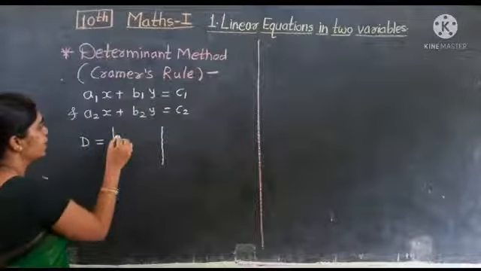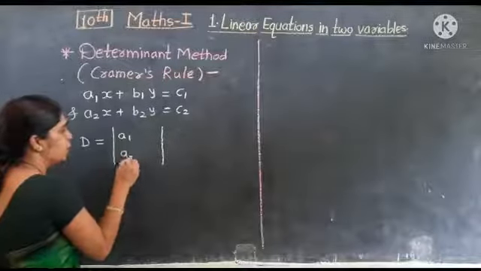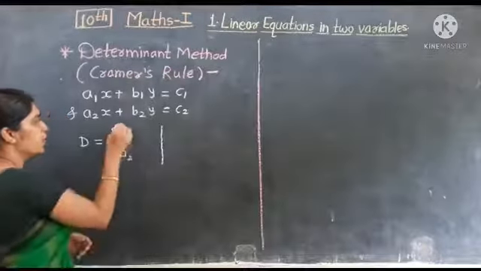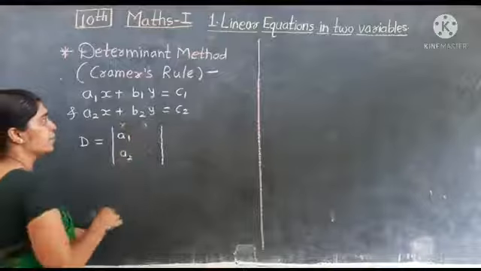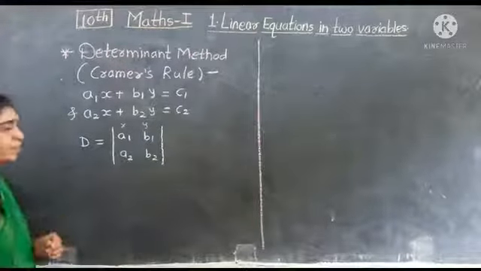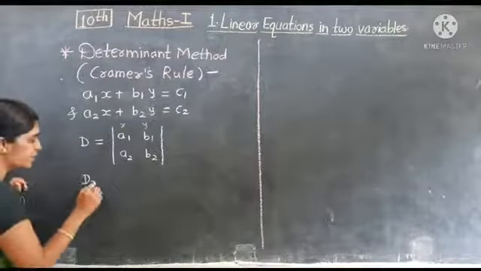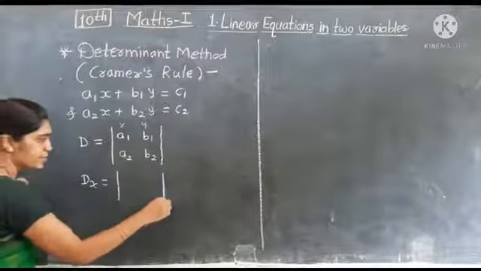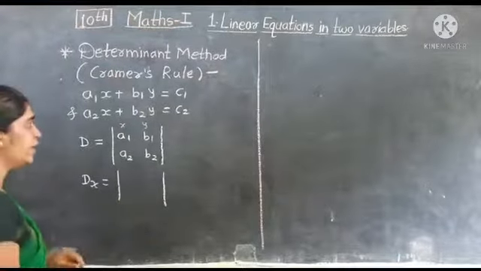The coefficient of x is a1, a2, and the coefficient of y is b1, b2. Then how does he write Dx?